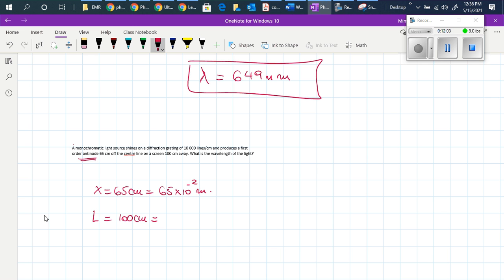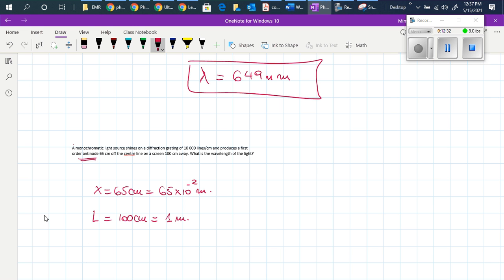So this will be 1 meter. But as you see here, the distance between the two, they are very close to each other. 65 is not way smaller than 100 centimeters.